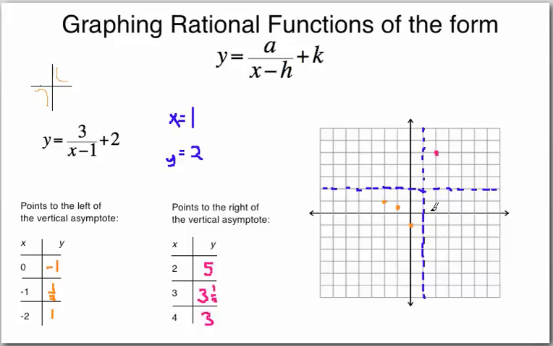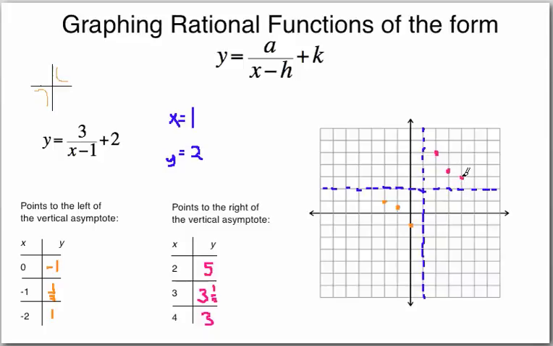I just want to point out that when you're plotting the points, you're still using the x and y axes, the black lines here, and we're not counting from the new axes that it looks like we've made. You're still plotting these points like normal. So (3, 3.5) is about right here, and finally (4, 3) is right there.